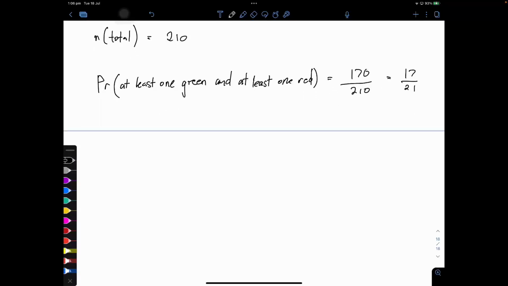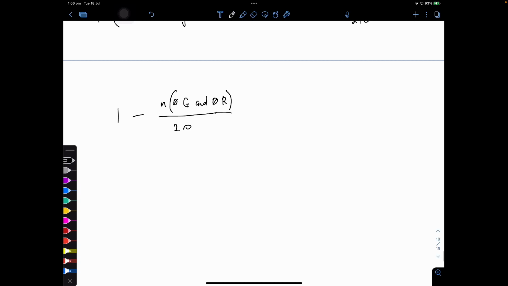But let's see what it would be if we did 1 minus the probability that we choose no green and no red. 0 green, 0 red. So how do we calculate the number for 0 green, 0 red?